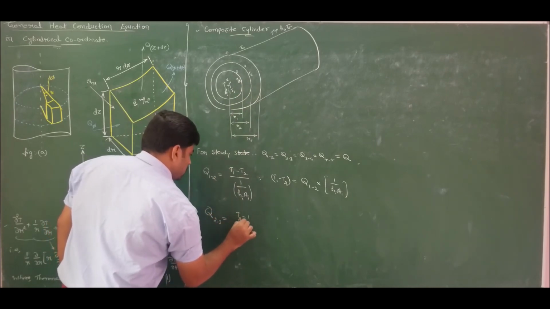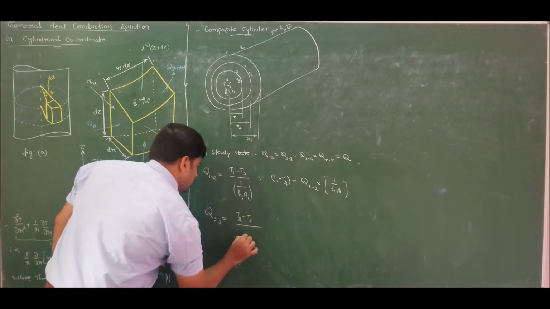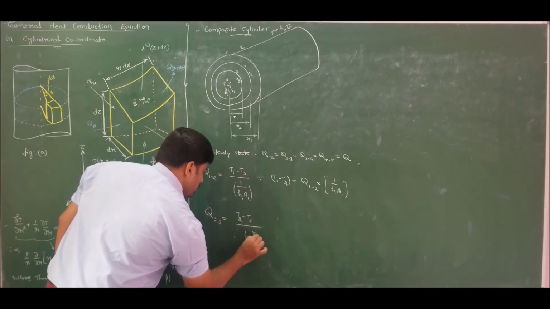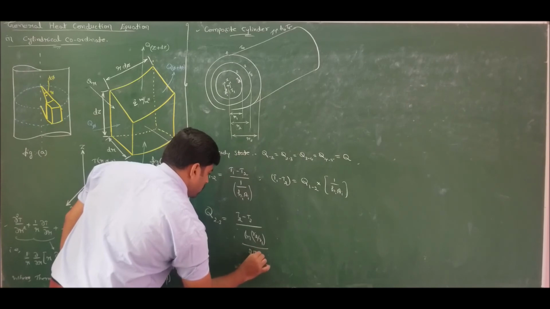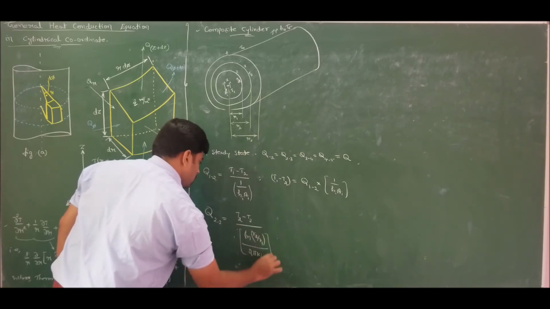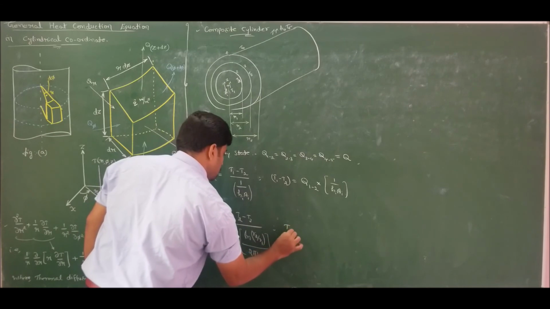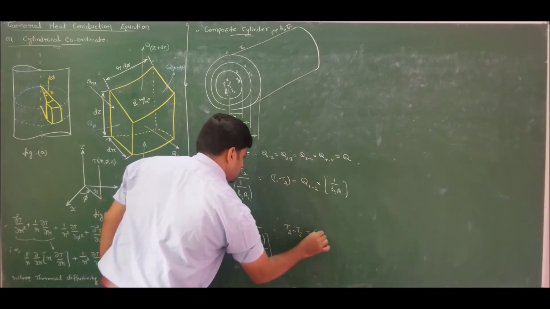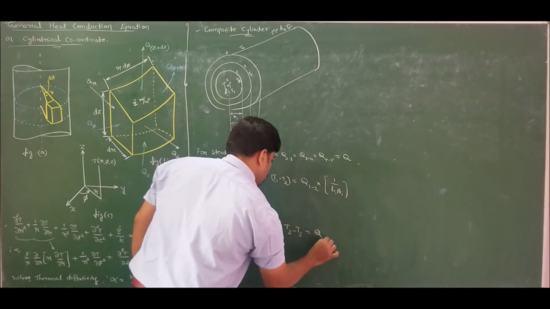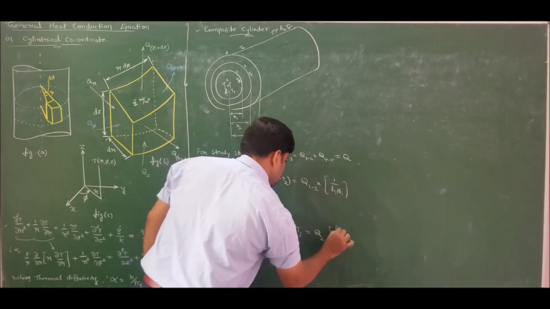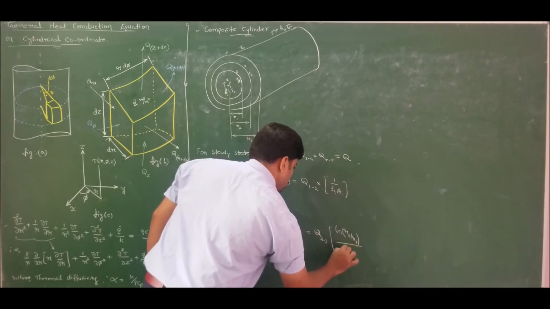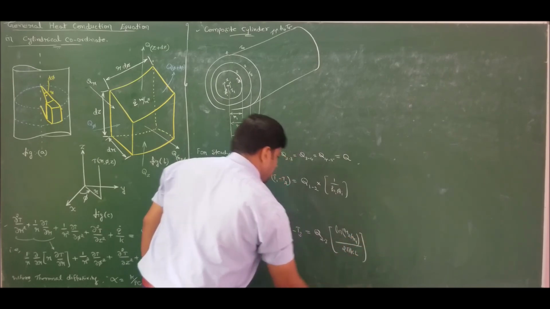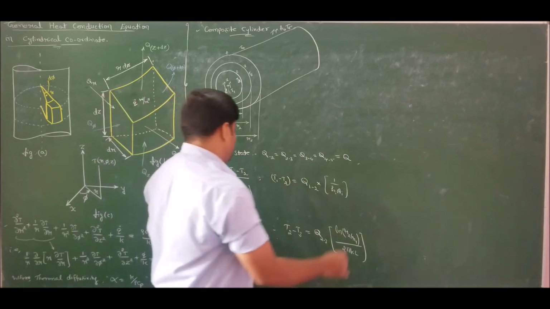We know that T2 minus T3 is divided by ln of R2 by R1 divided by 2 pi Kl. So hence I can write T2 minus T3 as Q23 times ln of R2 by R1 whole divided by 2 pi Kl.